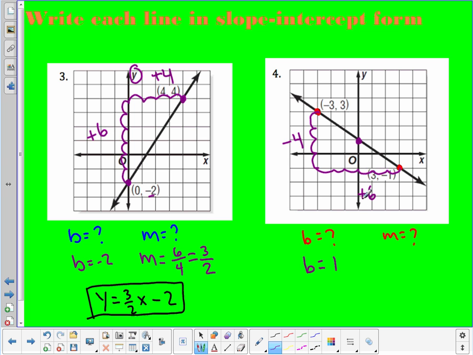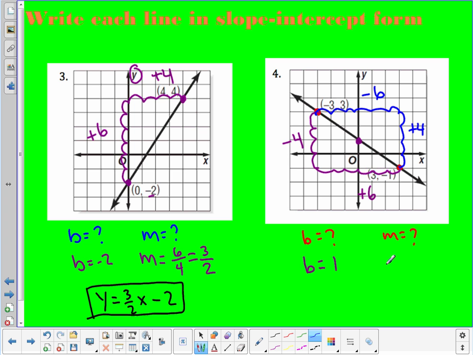Just so you're aware, you can go from right to left. You could have done up 1, up 2, up 3, up 4. That would be a +4 rise, and backwards to the left, 1, 2, 3, 4, 5, 6, a -6 run. You're going to end up getting the same answer because you've got a negative divided by a positive, and you still get a negative slope.